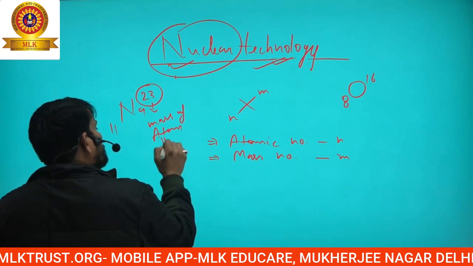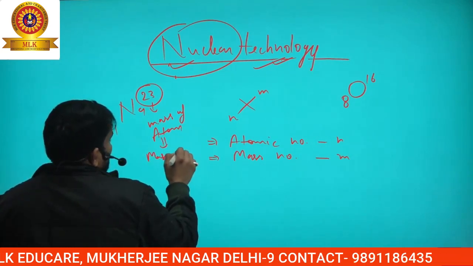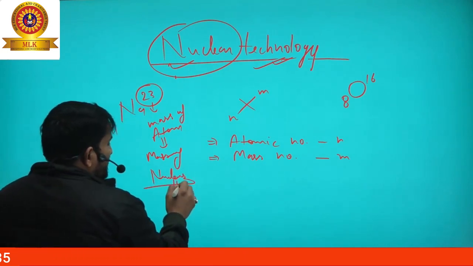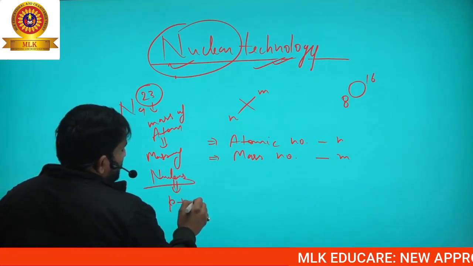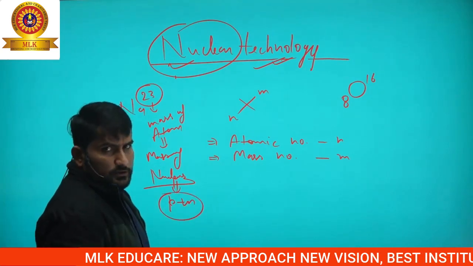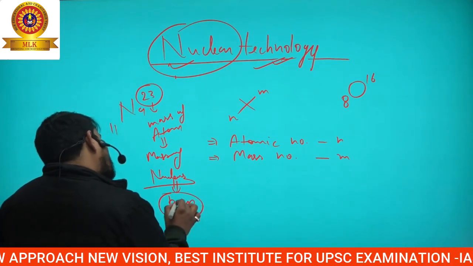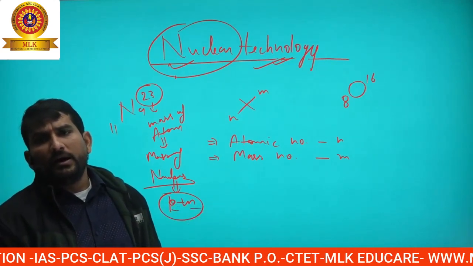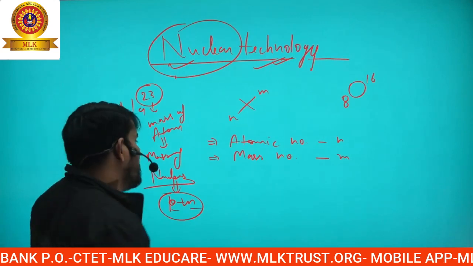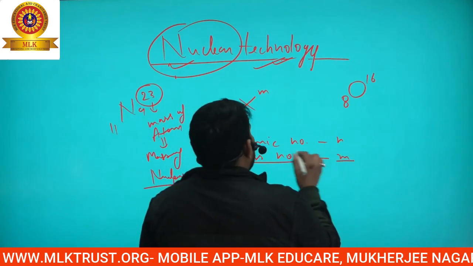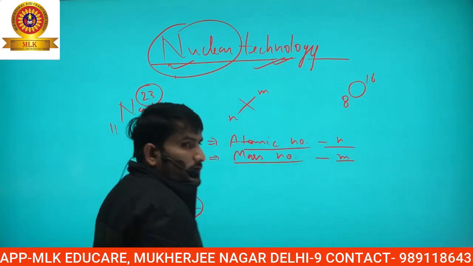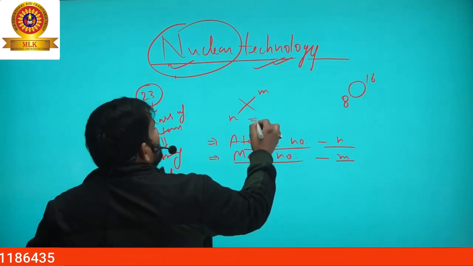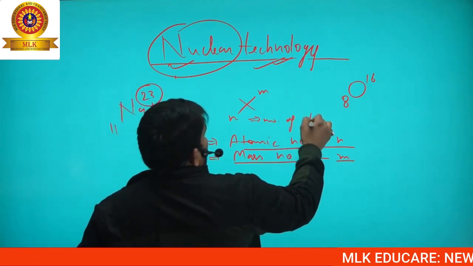Clear? Also this is the mass of the nucleus. We know that the nucleus contains proton plus neutron, so the mass of proton and neutron is considered the mass of the nucleus. So mass number is m and atomic number is n. Now the atomic number denotes the number of electrons.